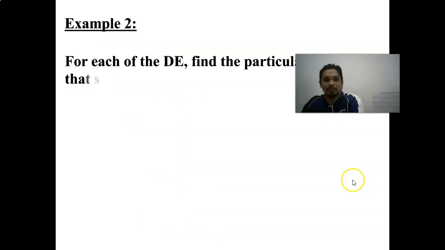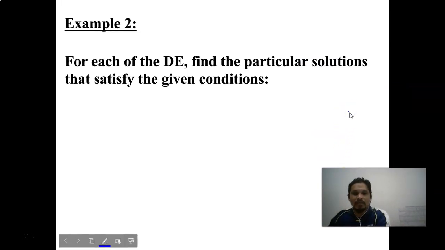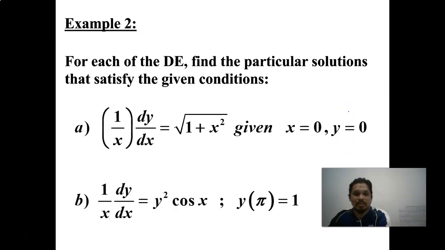Example 2. For each of the DEs, find a particular solution that satisfies the given condition.